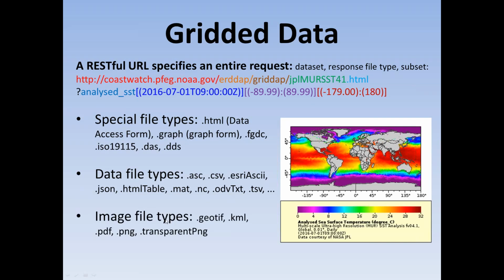And there are special file types for images. So you can get a GeoTIFF, KML, PDF, PNG, and transparent PNG. Transparent PNG leaves off the legend, the axes, things like that, and leaves off the boundaries and the land mask, and just shows you the data with a transparent image.